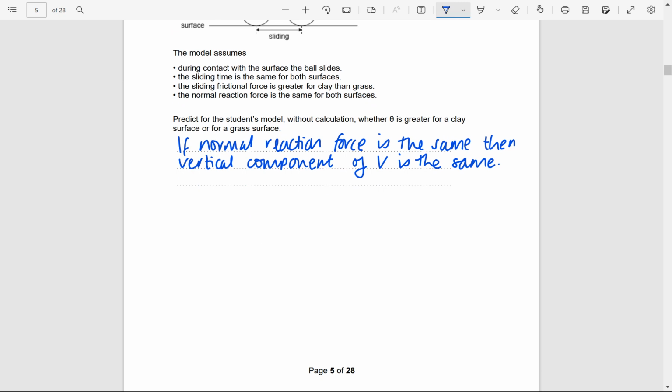All right. So what we have is, let's say we've got grass and clay. And we've got a vertical like that.